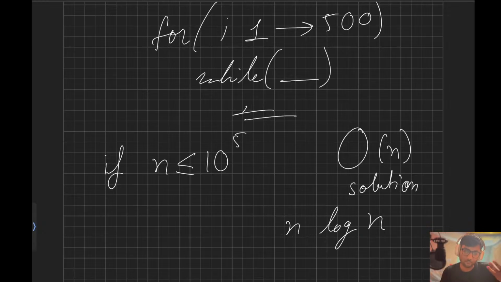Extraction of digits is log n base 10, because think about how many times I can divide by 10 until it reaches 0.